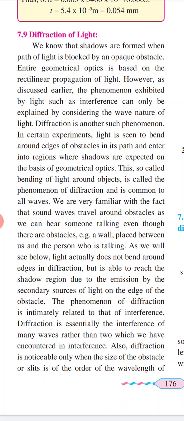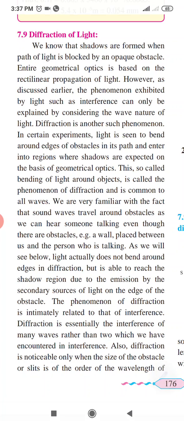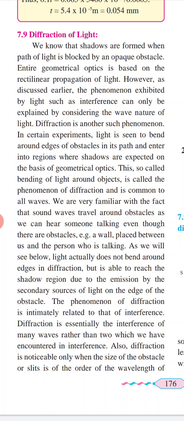Diffraction is another such phenomenon. In certain experiments, light is seen to bend around the edges of an obstacle in its path and enter the region where shadows are expected on the basis of geometrical optics. This so-called bending of light around objects is called the phenomenon of diffraction and is common to all waves.